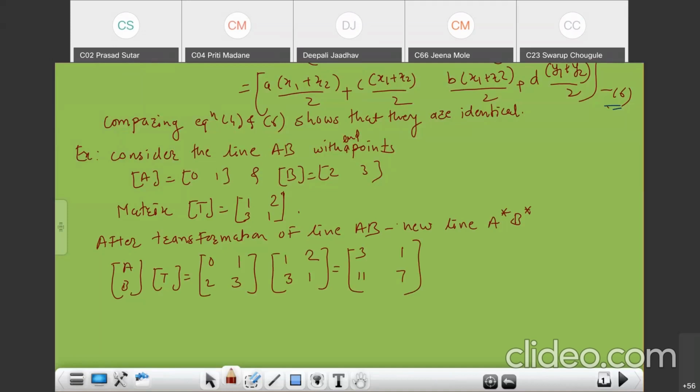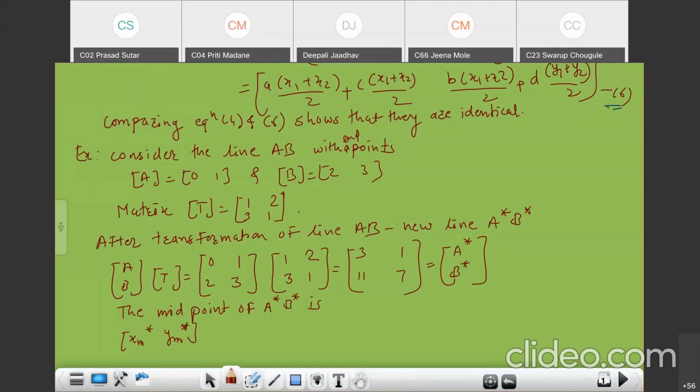So here we will get the new endpoints of the transformed line, A star and B star, that is 3, 1, 11, 7. Now calculate the midpoint of A star and B star. The midpoint is xm star and ym star.